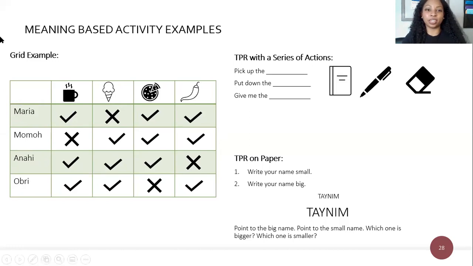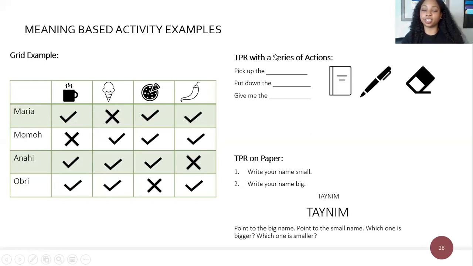But we can do things like, does Maria like coffee? And then we'd come to the grid and look. Yes, she does. Okay. Does Maria like ice cream? Okay. No, she doesn't. And then you can transcribe those sentences onto the board as the students are making them.